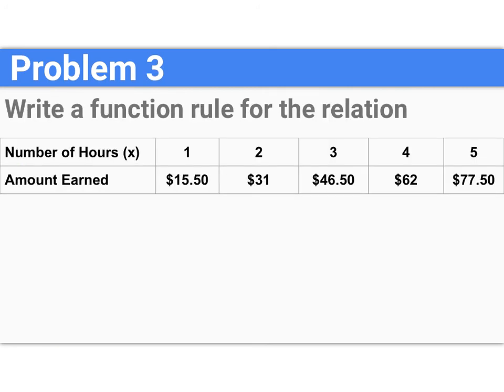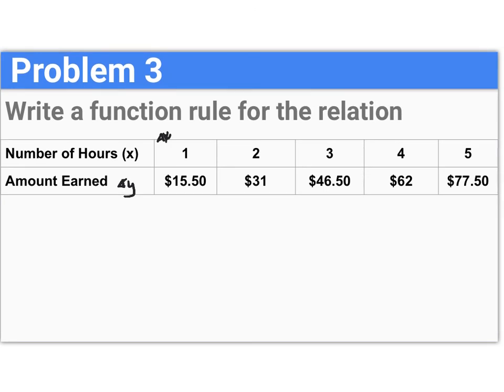And finally, write a function for the relation. So you have to find the change in x, and the change is the little triangle. The little triangle is a Greek letter called delta, and that is very important because we're looking for the change. So the change in x, indicated in blue, is 1, 1, 1, and 1.